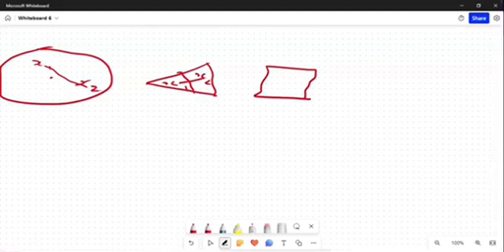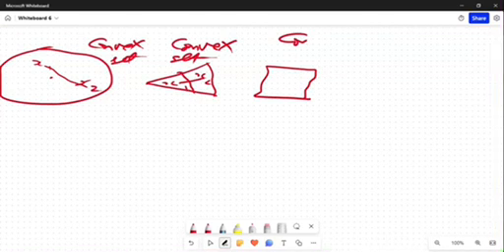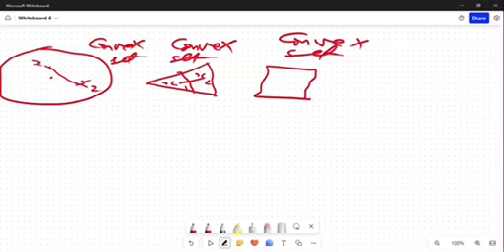This is also a convex set, and this one is another convex set, because if you pick any 2 points, x1 and x2, you can always draw a straight line that lies completely inside the shape.